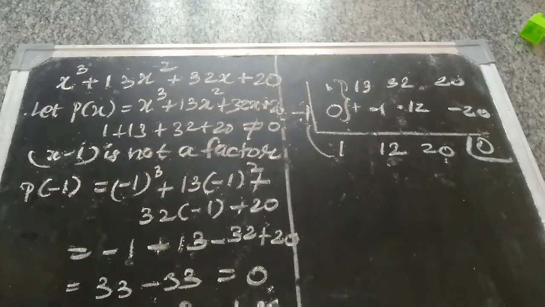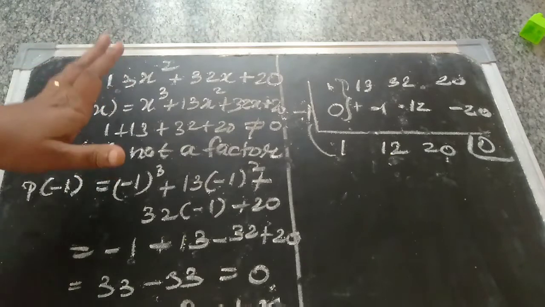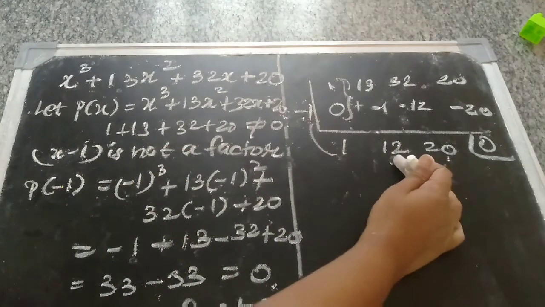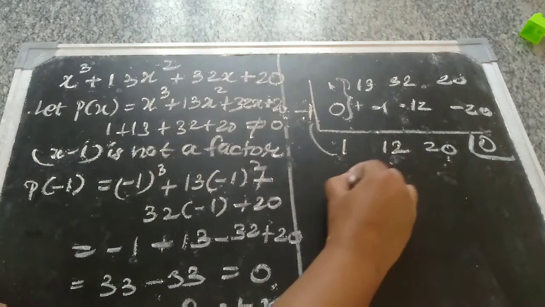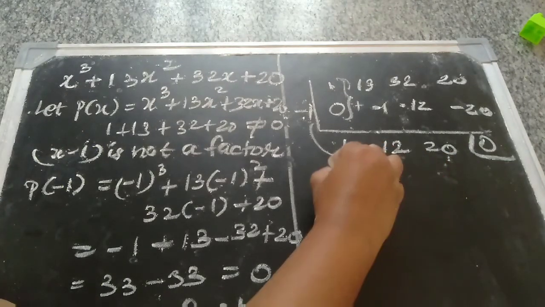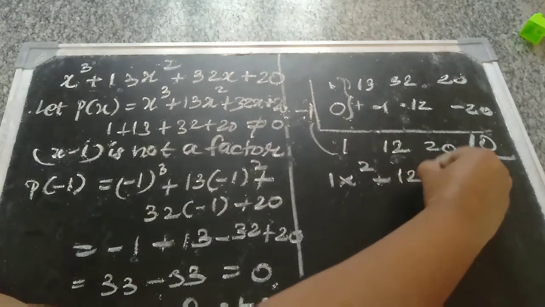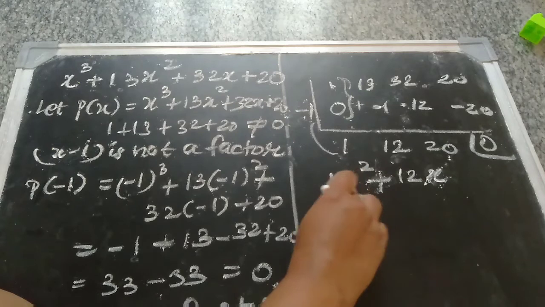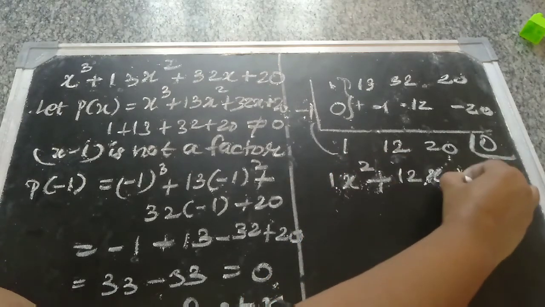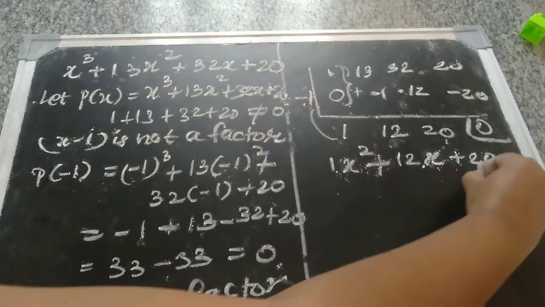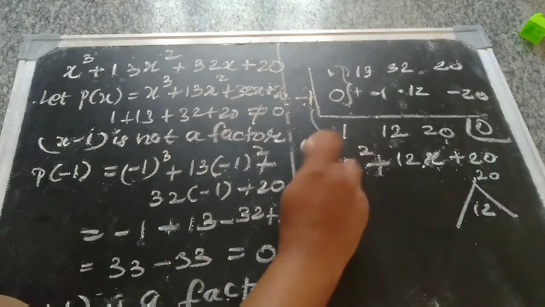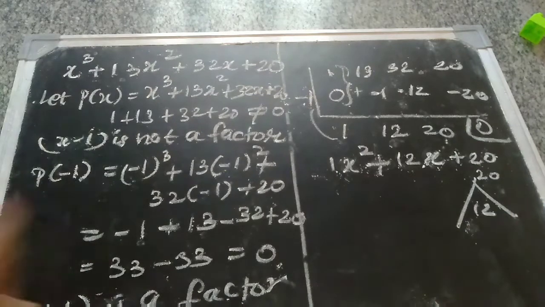So you have found the first cubic polynomial; now consider the quotient as a quadratic polynomial. This is the constant term and the x square term. So 1x square plus 12x plus 20. Now you have to factor it: 1 into 20 is 20, and the middle term is 12.